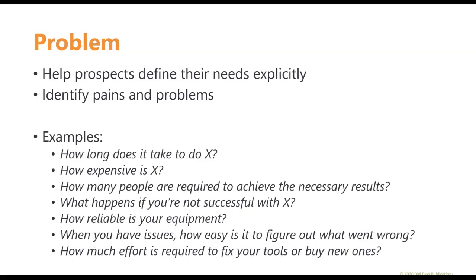How long does it take to do a process? I'm getting to maybe saving time or efficiency. How expensive is whatever? Maybe saving cost. What happens if you're not successful? What are the consequences? How reliable is something? How much effort is required to do XYZ?